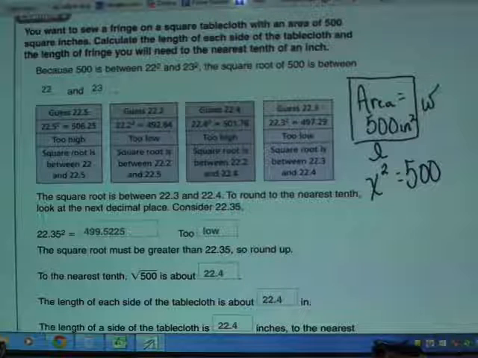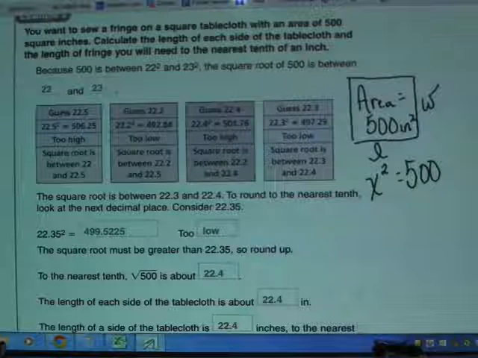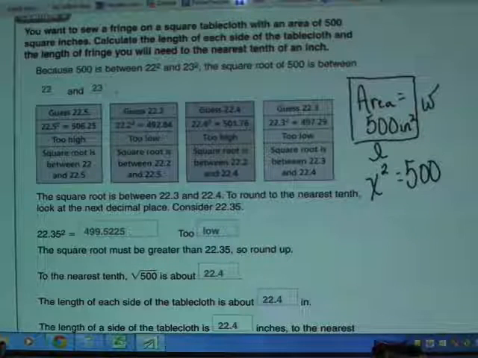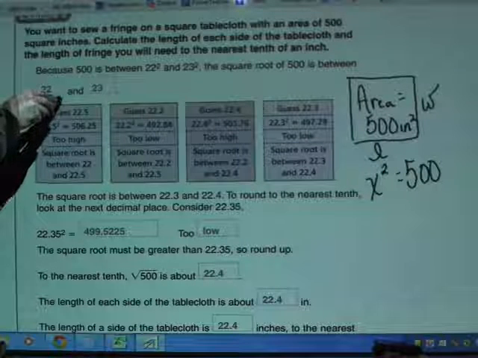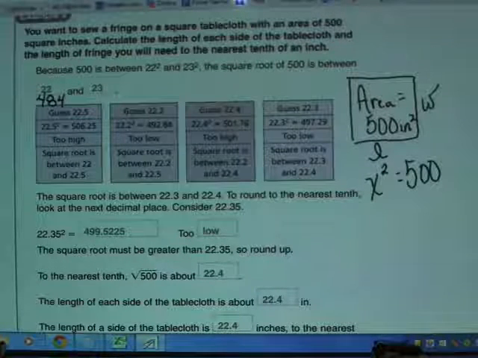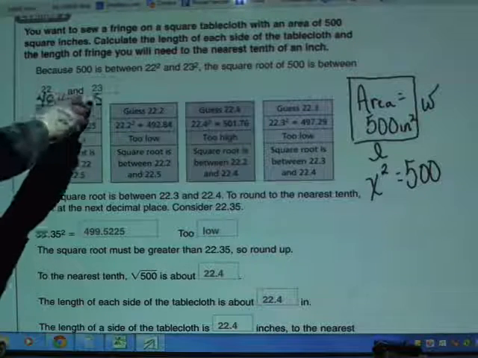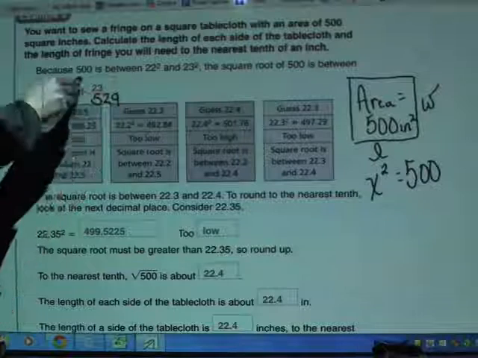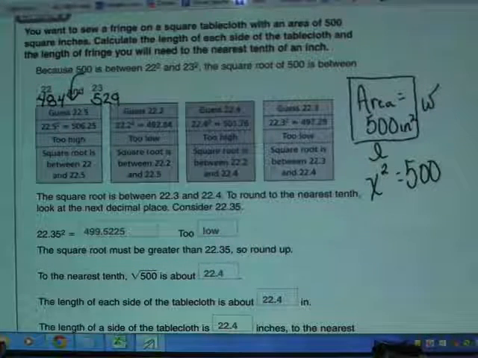Now remember, the way to verify that is to square those numbers. When we take 22 and square it, that is a result of 484. 23 squared, that is 529. Remember, we're working with 500. 500 would fit in between 484 and 529.